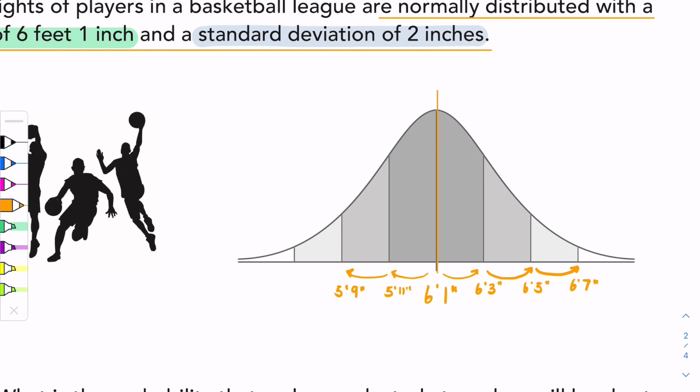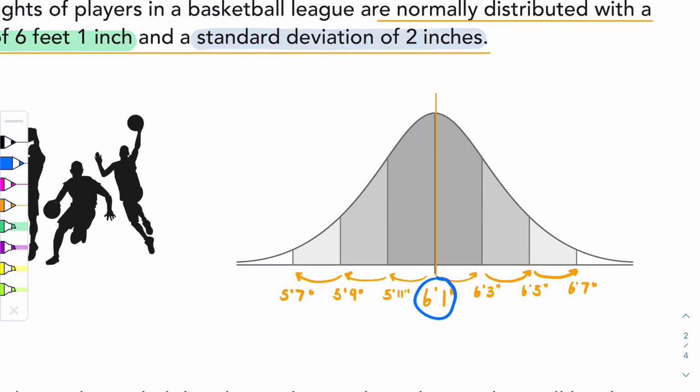Subtract 2 from 5'9", we get 5'7". So starting at the mean, for every deviation, we add 2 inches moving to the right of our curve. Moving to the left of the curve, we're subtracting 2 inches every time.